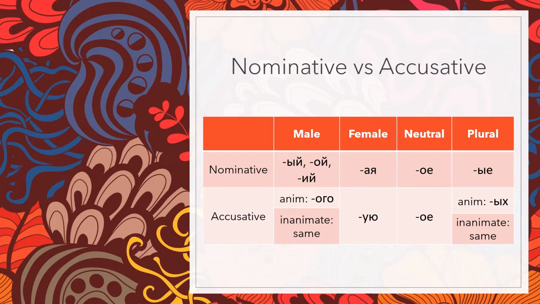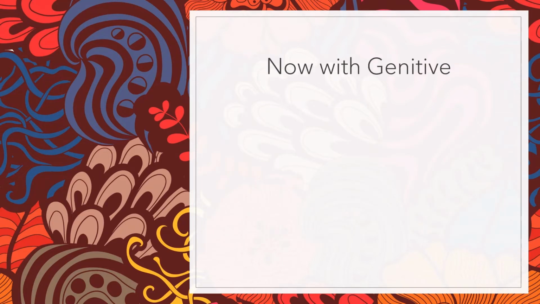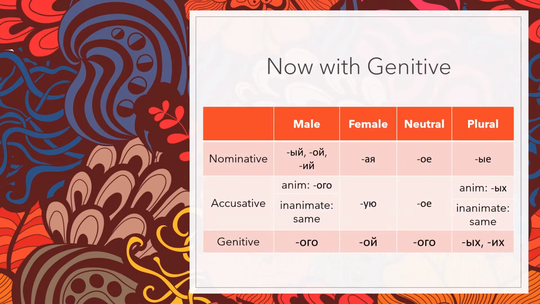Don't continue and confuse yourself, because in the end, you want to be able to actually speak Russian. You don't want to just know the theory. So if you want to be able to use these properly in sentences in everyday speech, you really need to practice. But if you've already got these down, let's move on to the genitive case.